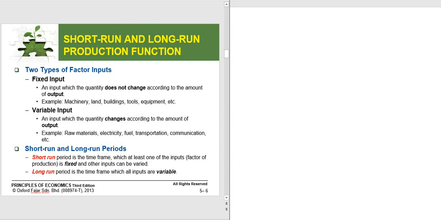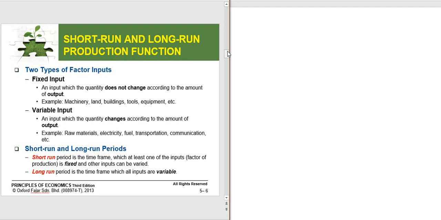Okay, fixed input is actually the input in your production that is not affected by the quantity of your output, meaning regardless of the amount of your production, whether you produce more or you produce less, the fixed input will remain the same. Okay, so examples of fixed input are machinery.